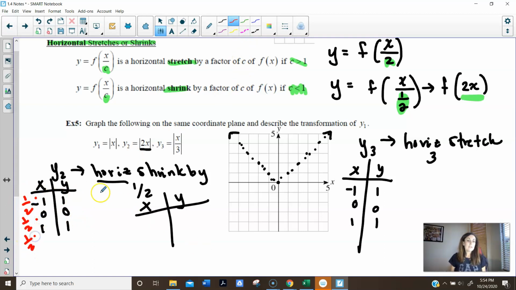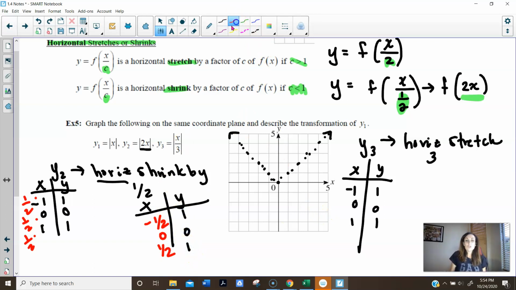If you take half, so we're going to take a half and multiply it by each of these x values. So a half times -1 is going to be -1/2. And a half times 0 is 0. And a half times 1 is +1/2. And then we're going to keep our y values exactly the same.